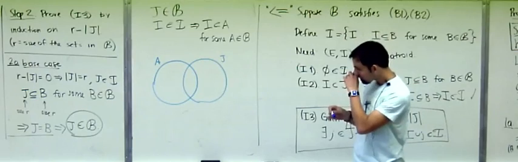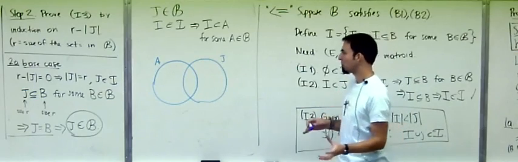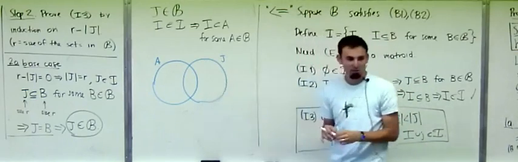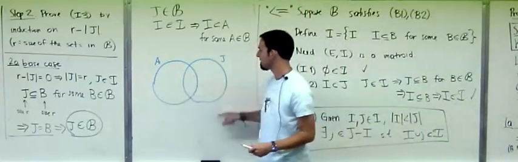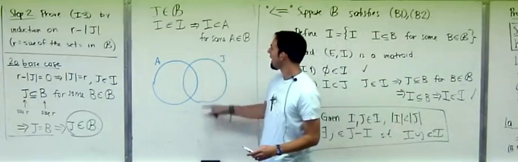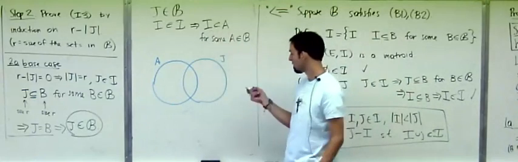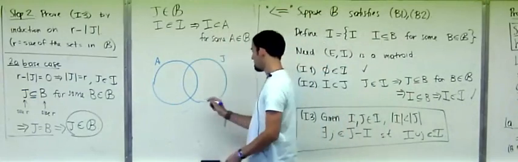Now, I want to put I into this Venn diagram, but usually you see the third set in the Venn diagram like this. But I is a subset of A, so therefore I has to go over here.